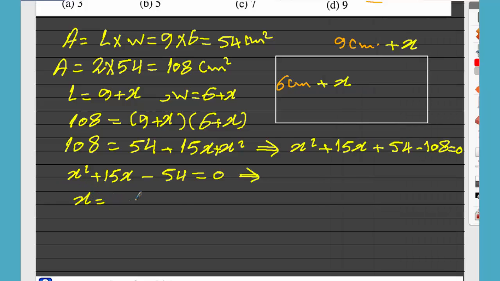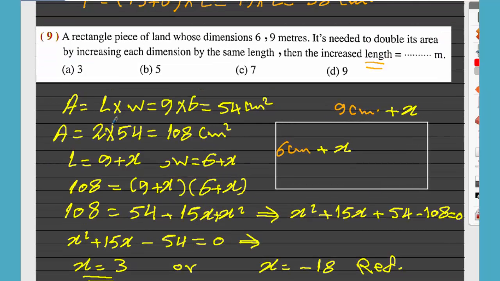So x equals 3 or x equals negative 18. Of course negative 18 is refused, right? So x equals 3. Then the increased length equals 3 meters. When you increase 3 meters to both the length and the width, you will get double the original area, an area of 108.